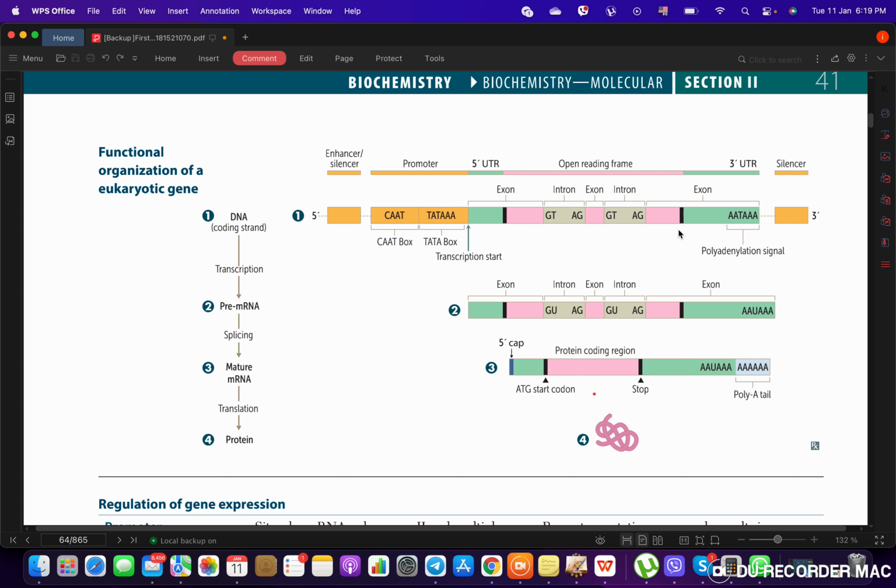Now I have a question. If I want to check someone's DNA, which tissue should I take from his body? Skin is possible, yes. If I take a piece of his skin, it will work. If I take a piece of his hair, it will also work.